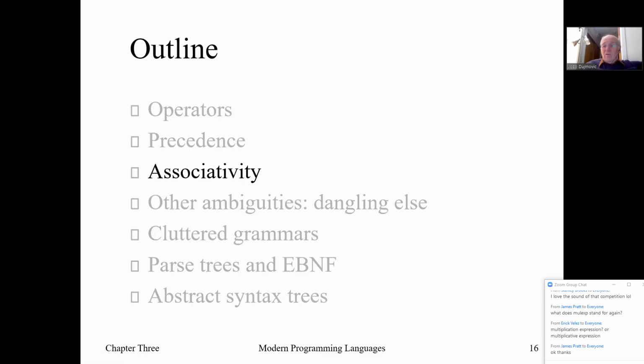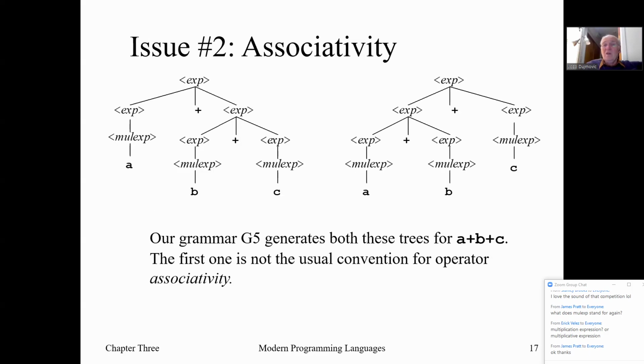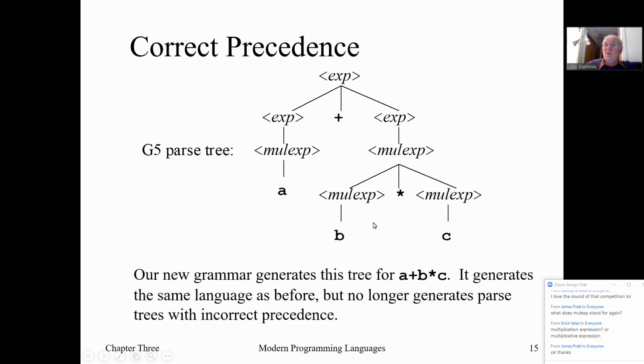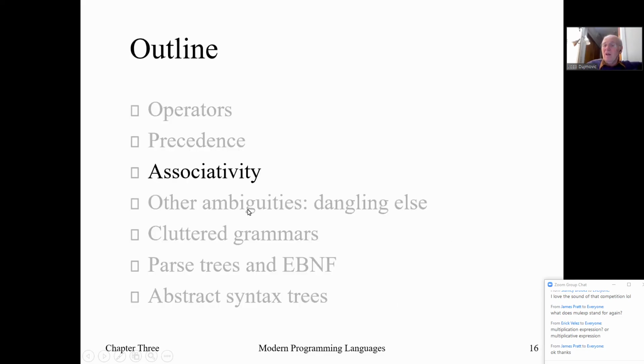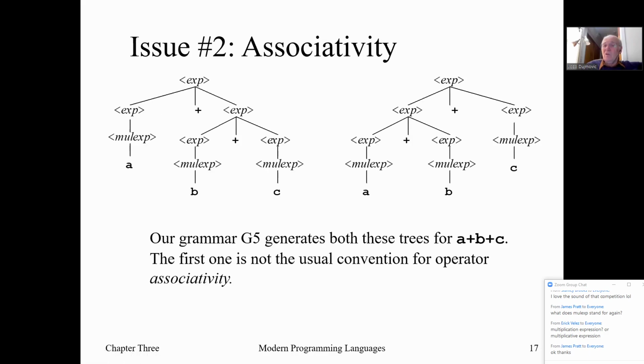Now, a few words about associativity. Associativity, of course, is a similar problem, because if you have these two parse trees, they create A plus B plus C. So you see plus here and plus here. So it is A plus B plus C, and here also A plus B plus C. So this grammar G5, which was very nice for generating correct precedence, has ambiguity in defining the associativity rules.